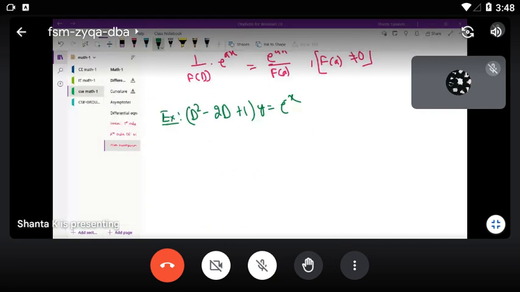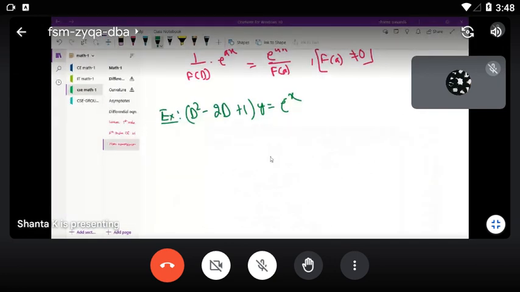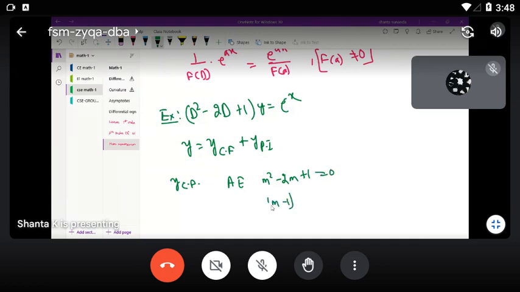The solution will be y equals y complementary function, c, plus y particular integral, Yp. For the complementary function, the corresponding auxiliary equation is m square minus 2m plus 1 equals 0. Now the root of the equation will be 1.